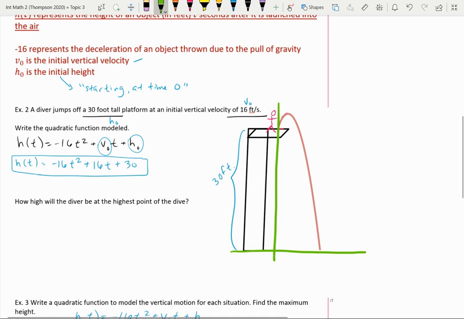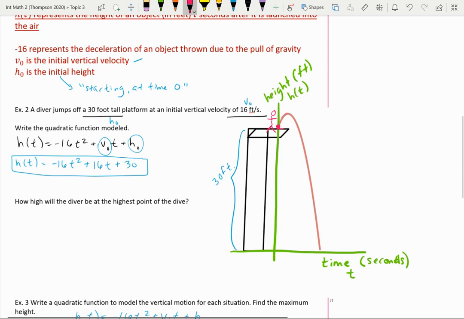Instead of x and y, these have different representations, because my horizontal axis is time in seconds, and my vertical axis is height in feet, which is represented by h of t, and this is represented by t. So my y-intercept here is this point (0, 30), because I have no time, and then I'm up here at 30 feet.